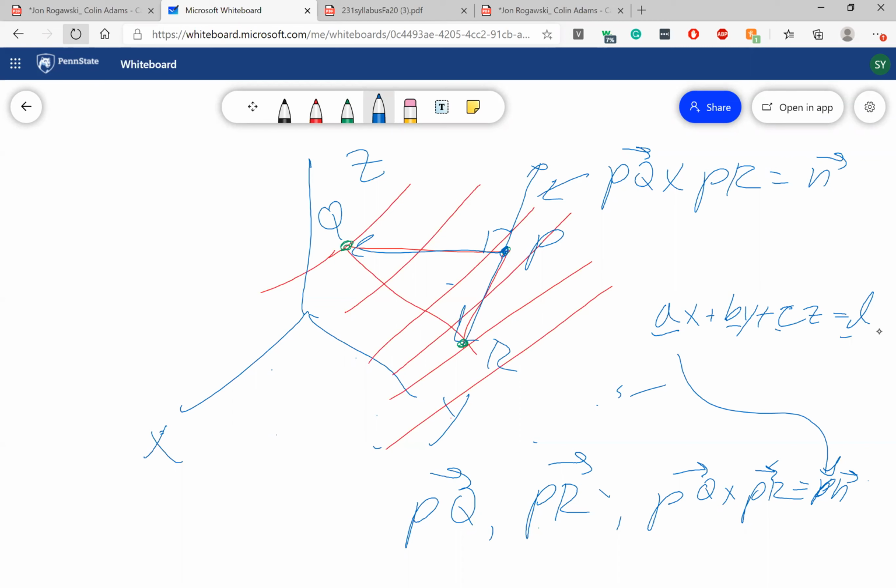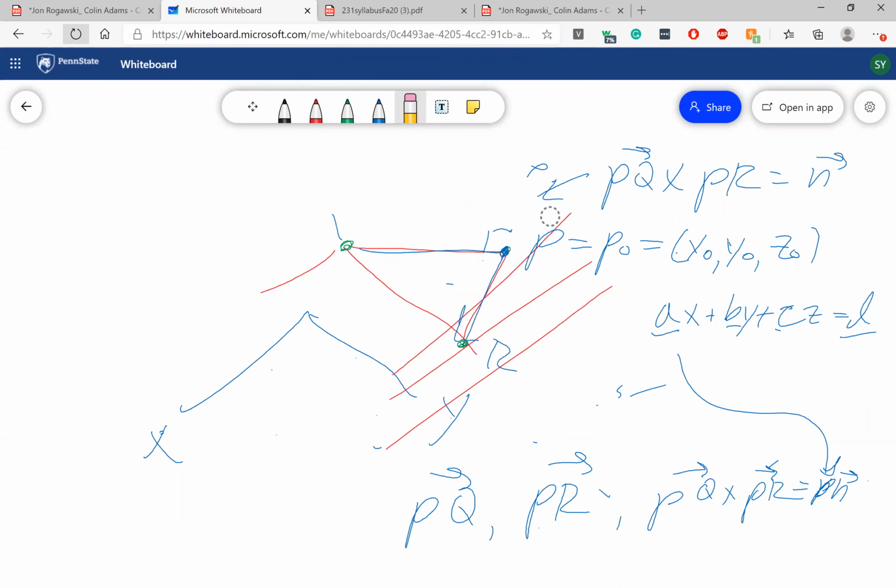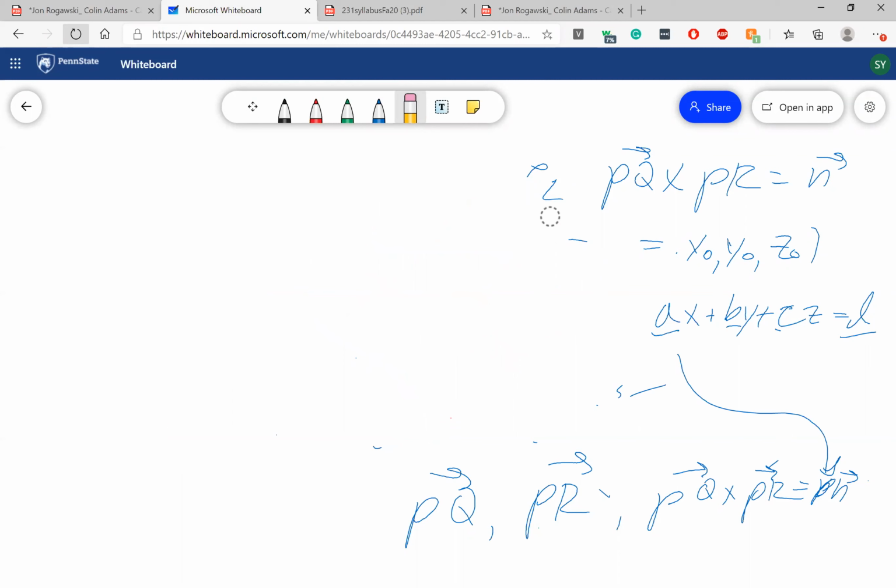And we can figure out what d is by plugging in the point, let's say taking the point P0, which is equal to the point x0, y0, z0. So let's see an example for this. I'm going to give an example, and then we're going to see if they give an example as well.